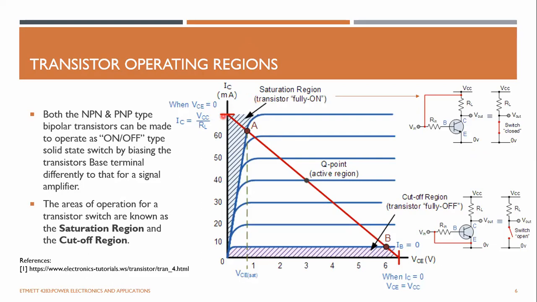Let's take a look at the characteristic of an NPN or PNP type transistor. This axis shows you the VCE voltage, the voltage across the collector emitter, and this axis is the collector current. Take a look at the cutoff region, where we provide 0 volts across here, and the transistor acts as an open switch.